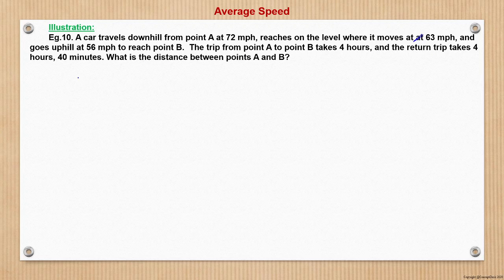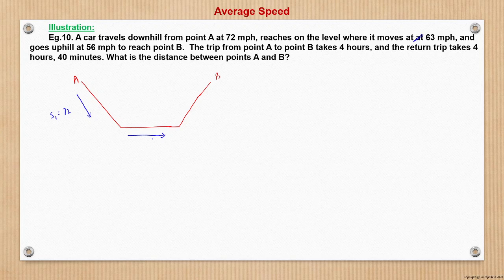So let us first understand the picture. There is a downhill first, then there is a level field, and then there's an uphill road. So now this is A and this is B. In the first instance, the car is traveling downhill at a speed of S1 equal to 72.